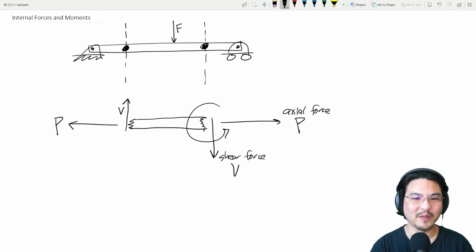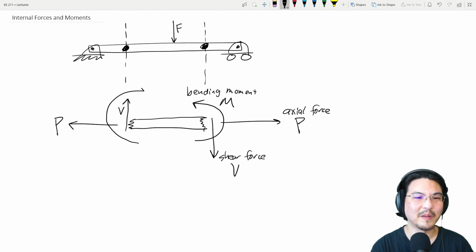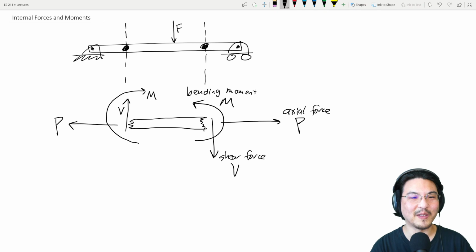Now for the couple over here, should we draw it this way or this way? Let's call this way positive. This is called the bending moment, M. And on this side, this way. Bending moment. In other words, say you have a beam.